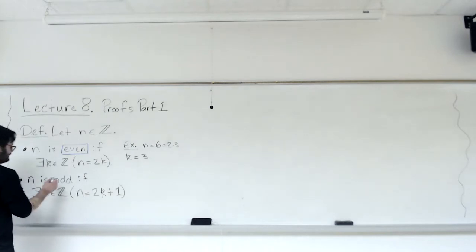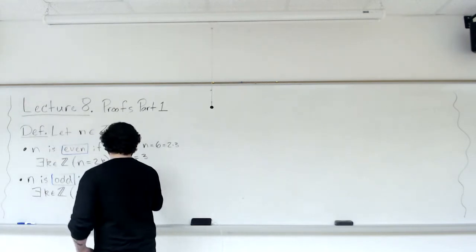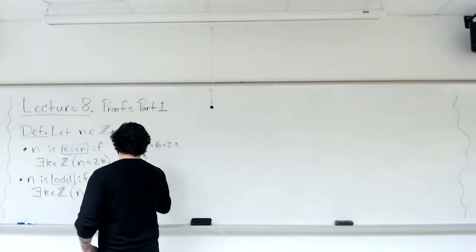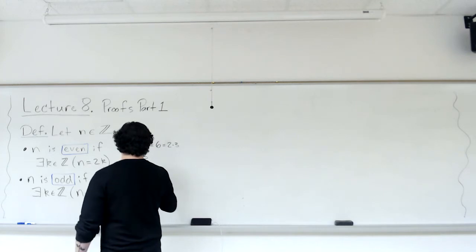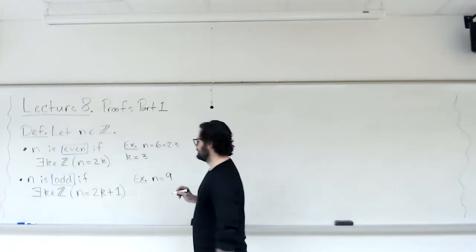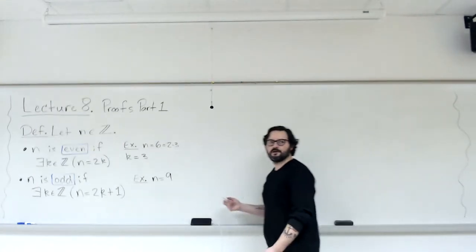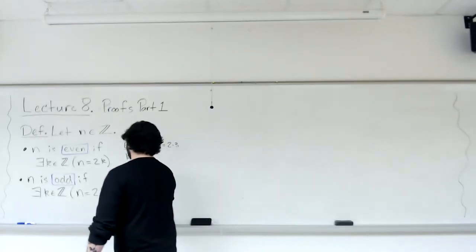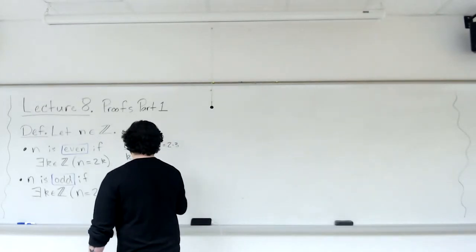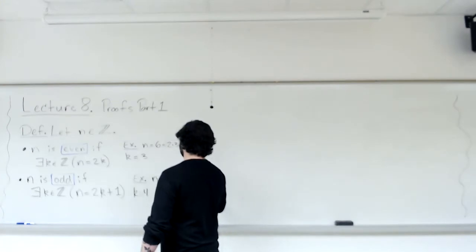Okay. So as an example, if n is equal to 9, k would be what? 4, right? So in this case, k would be 4 because 9 is equal to 2 times 4 plus 1.